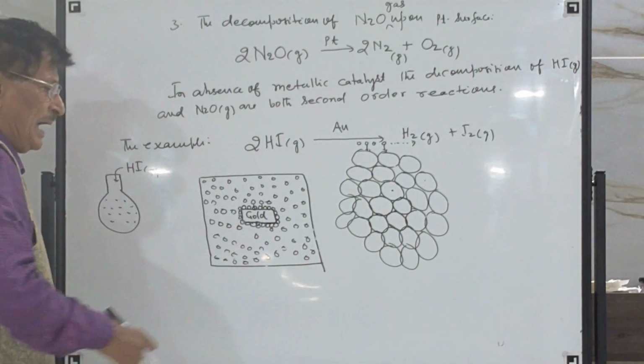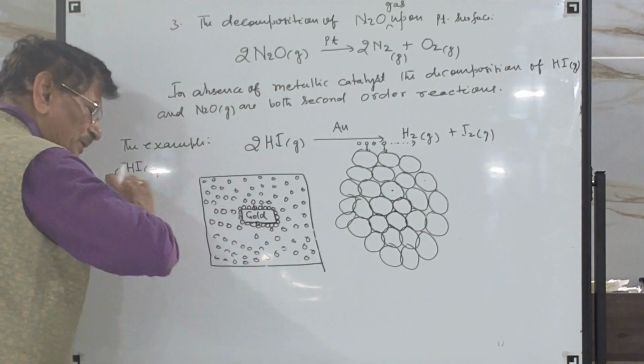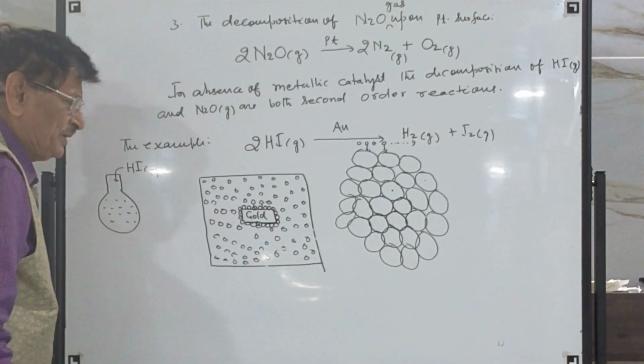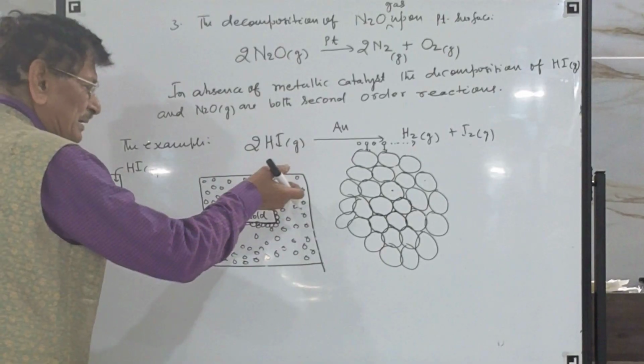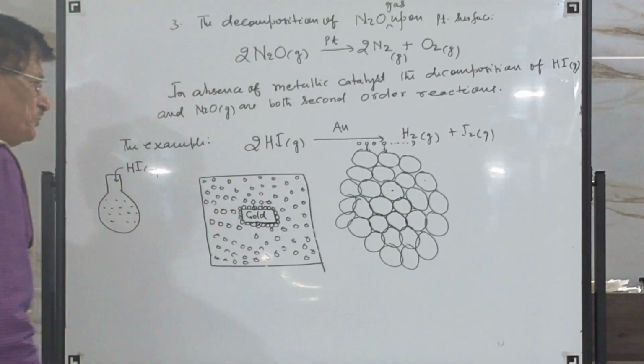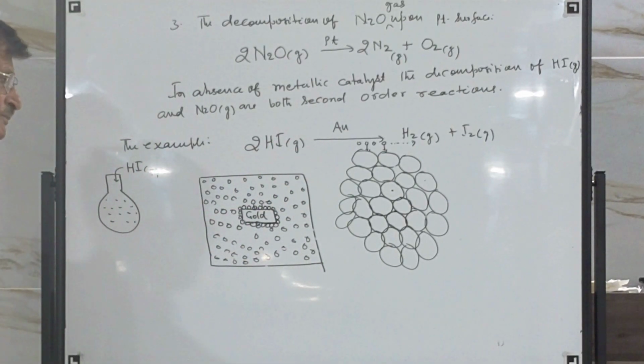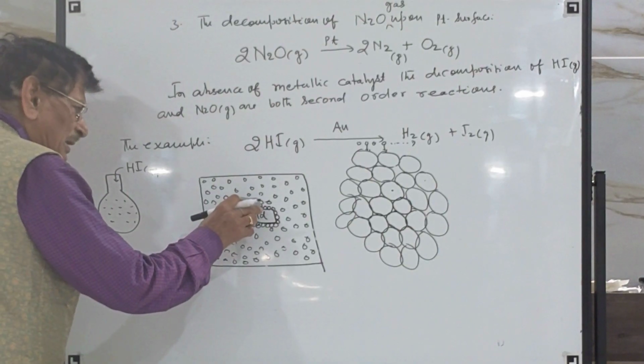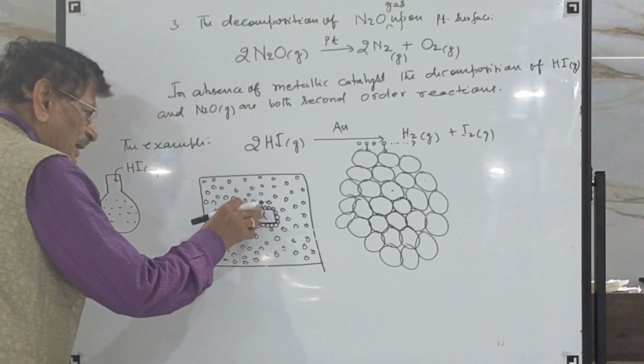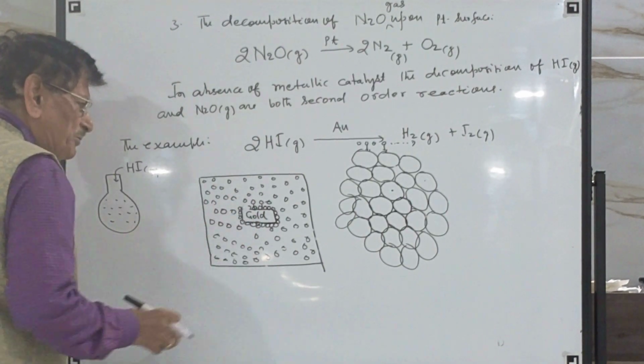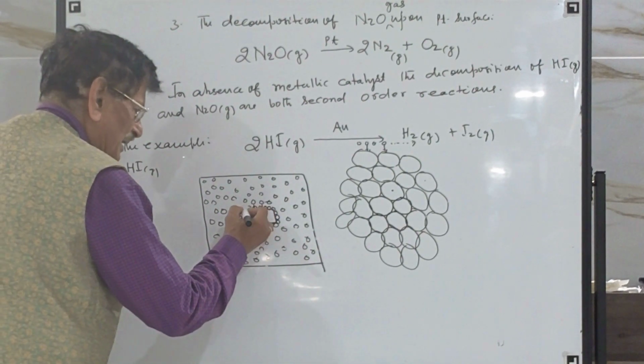Now, even after complete saturation of the surface, a lot of molecules in the container are waiting to be adsorbed on the surface because they do not get a space, so they are waiting. What happens when any molecule, say this molecule, decomposes into hydrogen and iodine?